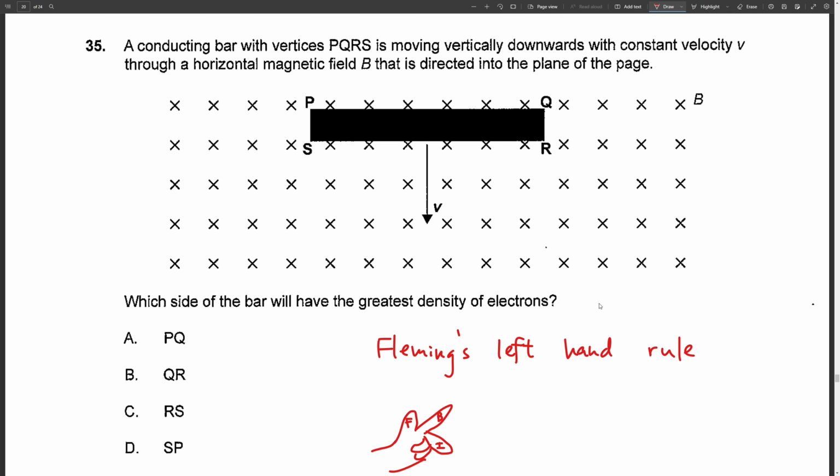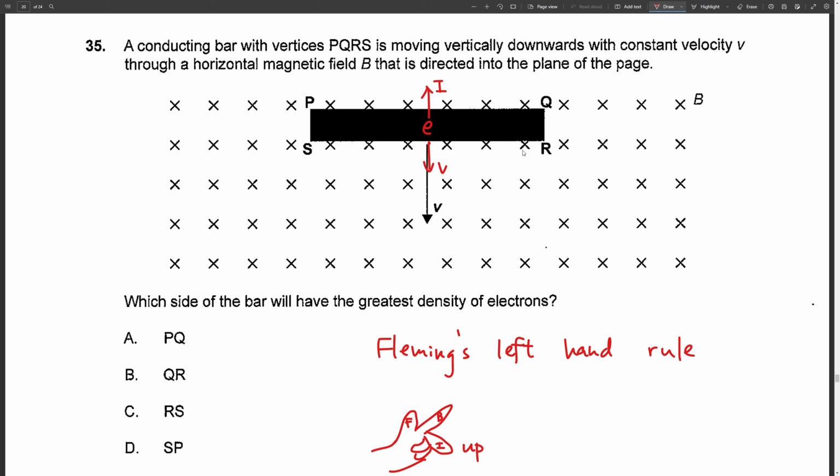In question 35, we are going to study the Fleming left-hand rule applied to an electron moving with the metal bar. The metal bar is moving downward, which means those electrons are moving downward as well. And as the electrons are moving down, it is generating a current going up. So using your Fleming left-hand rule, you have your middle finger going upward.